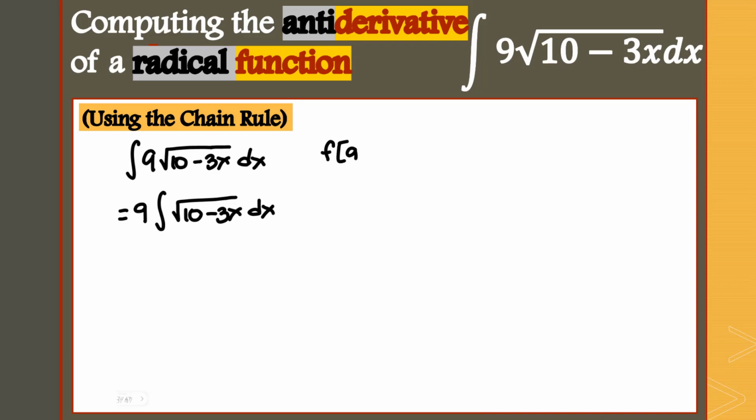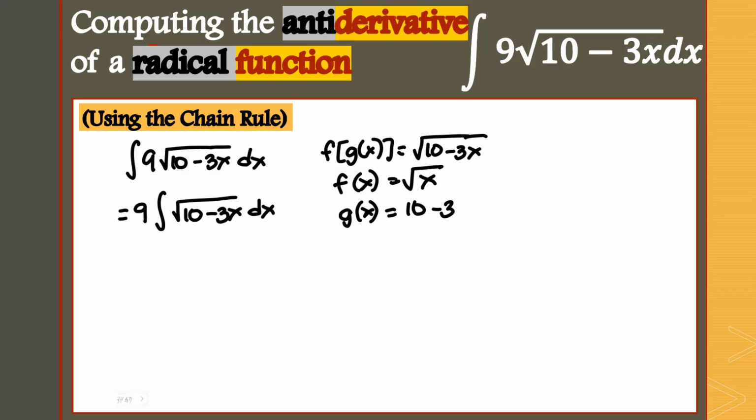If our f of g of x stands for the square root of 10 minus 3x, we can say that our f of x is the square root of x, but the x here is another function g, which is 10 minus 3x. This into that would return to this form, hence it's a composite function.